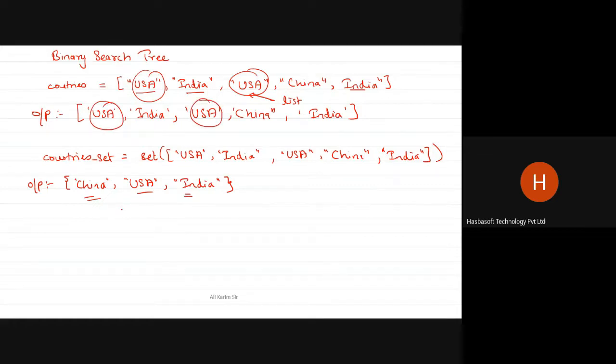Similarly, in a binary tree we have the same concept, where we need to build a binary tree. Let's see how we build one with a small basic concept. Whenever we create a binary tree, we will be creating a node.